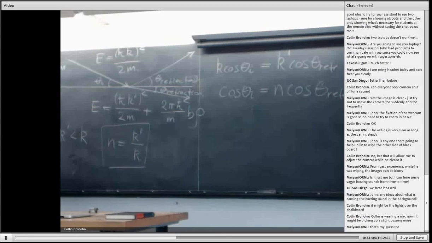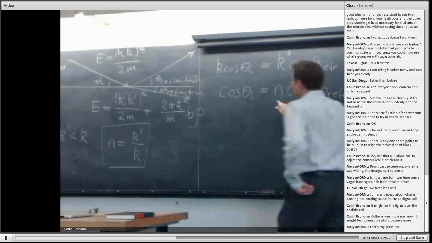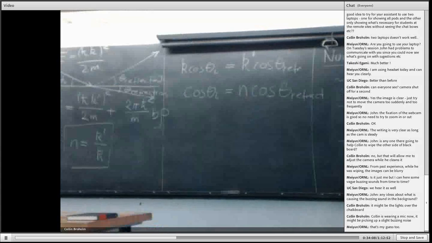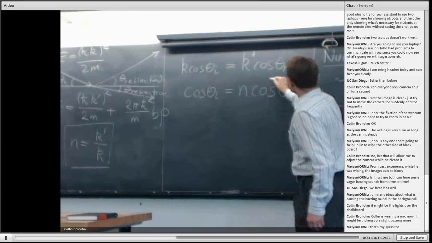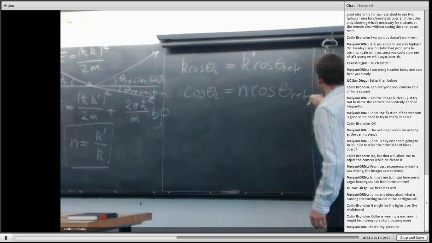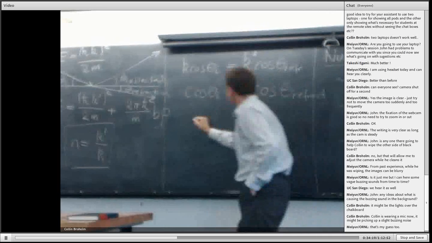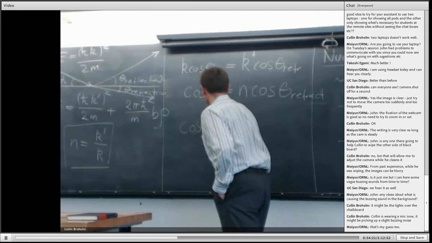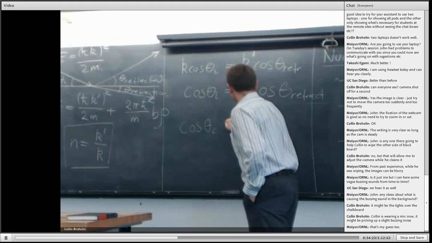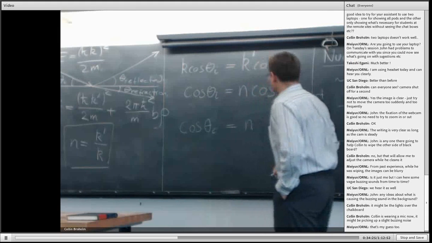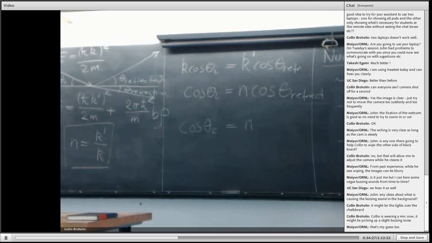But first, let's find the critical angle for total external reflection, and that happens when this cosine becomes 1. That means when the angle of refraction becomes 0. That means that the critical angle is defined by this expression: cos theta critical must equal the index of refraction.